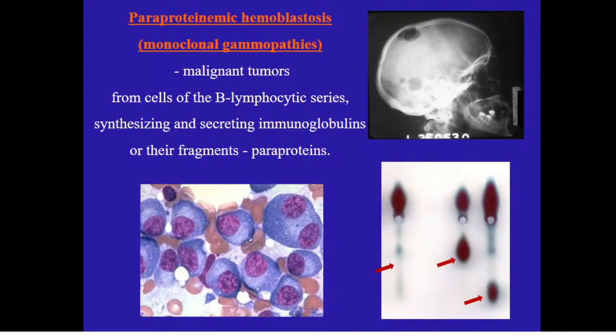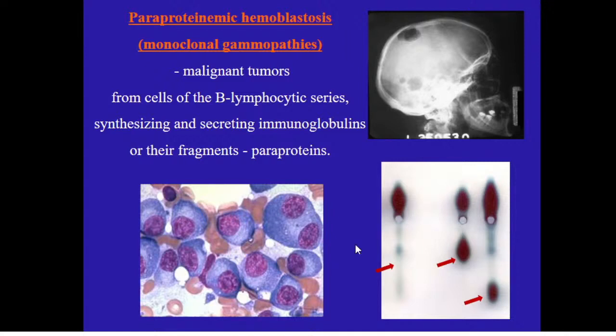The appearance of specific proteins in the gamma fraction we will see. There is a group of diseases which are named paraproteinemic hemoblastosis or monoclonal gammopathies. This is a group of malignant tumors from cells of the B lymphocytic series synthesizing and secreting immunoglobulins or their fragments, which are named paraproteins.